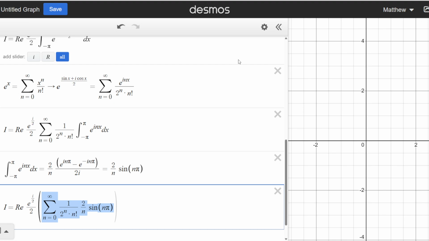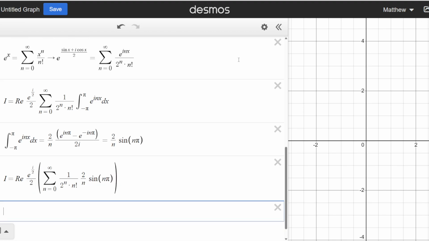Sine 0 is 0. We have to be careful with that one because technically we're also going to get a 0 in the denominator, so we'll have to take a limit. But for sure, if n is equal to 1, sine pi is 0, times some other constant. And then sine 2 pi is 0. So literally every single one of these terms is going to go to 0 except for the n equals 0 term. Let's figure out what the n equals 0 term is.